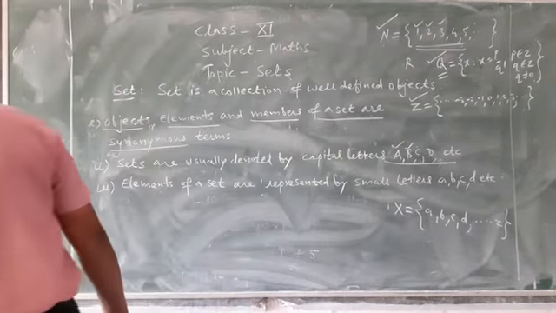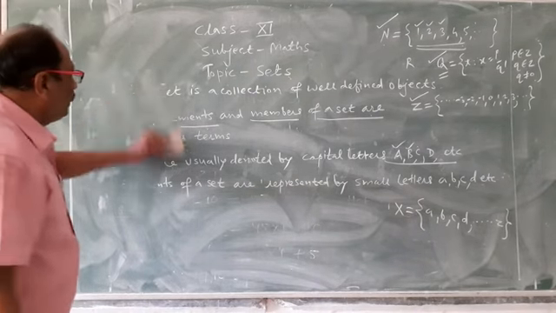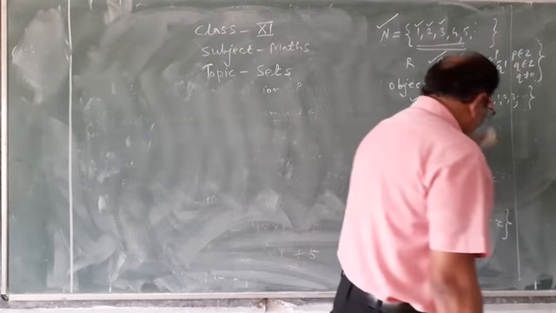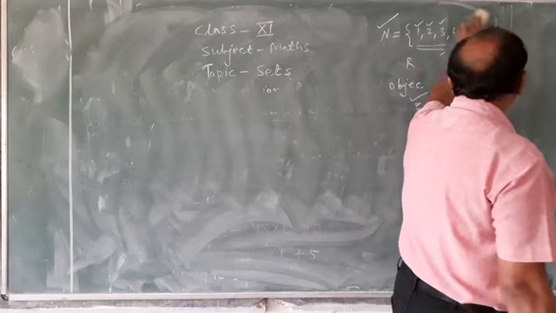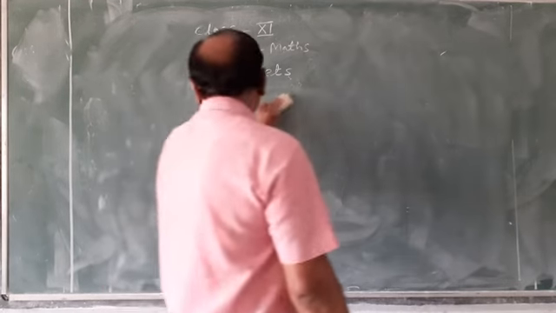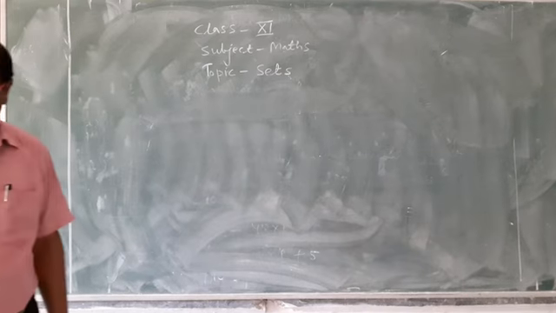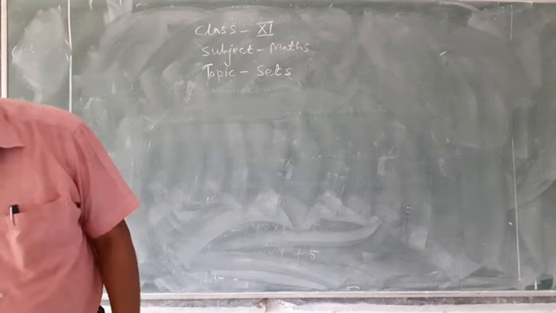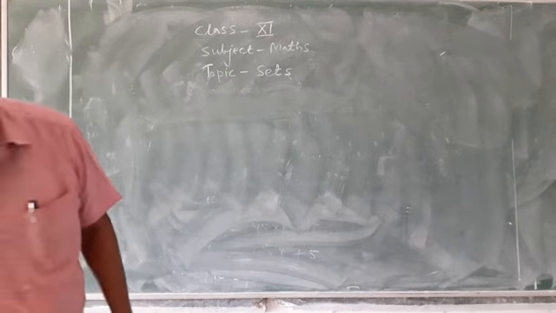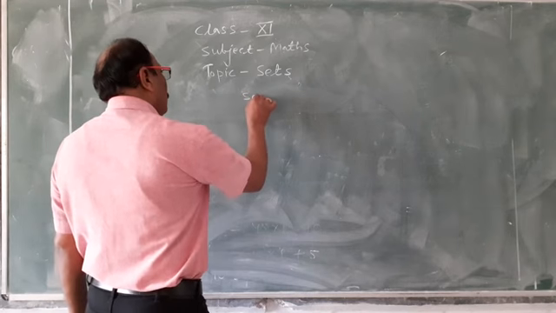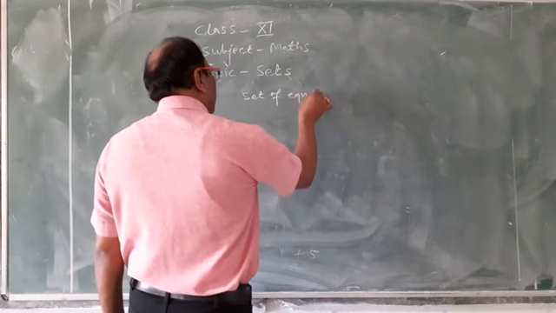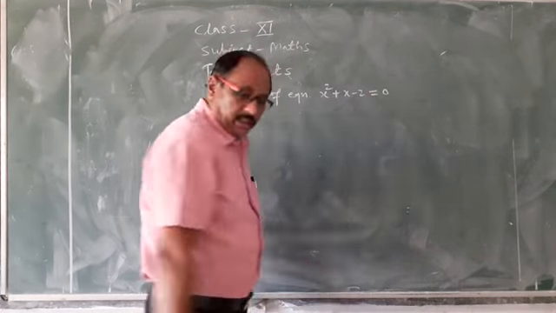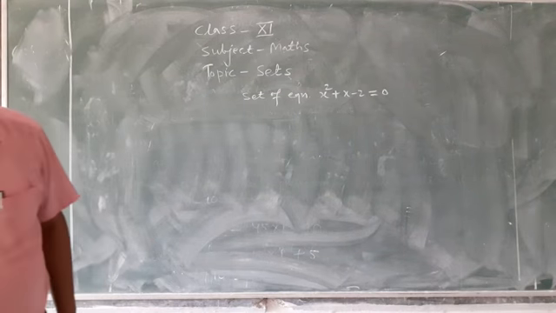Next we see the examples of the sets. Let me take one example: set of the equation x square plus x minus 2 is equal to 0.